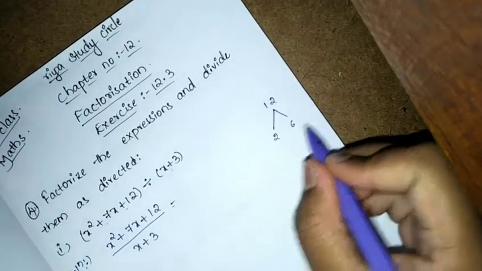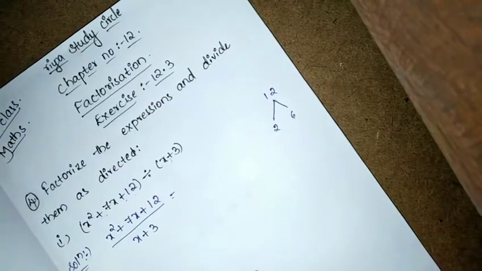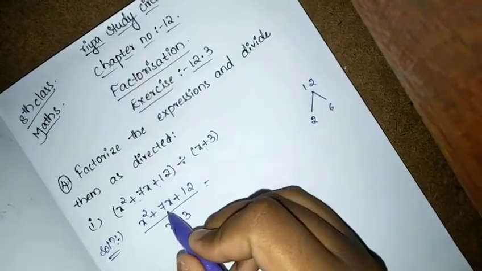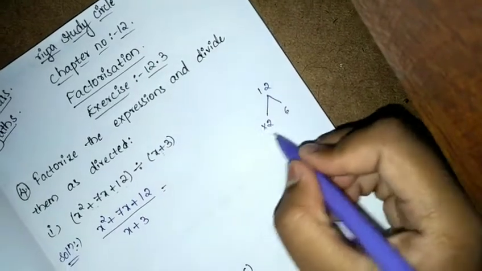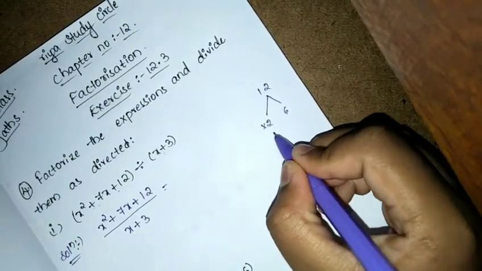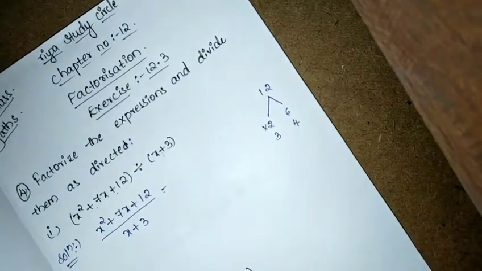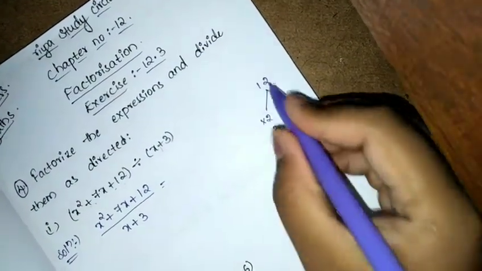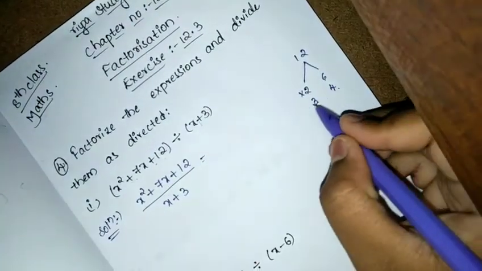If we take 2 and 6 as the factors, 2 plus 6 is 8, but we have 7 here, so this is not the correct pair. Next, 3 fours are 12, 3 plus 4 is 7, so this is the correct pair of factors.